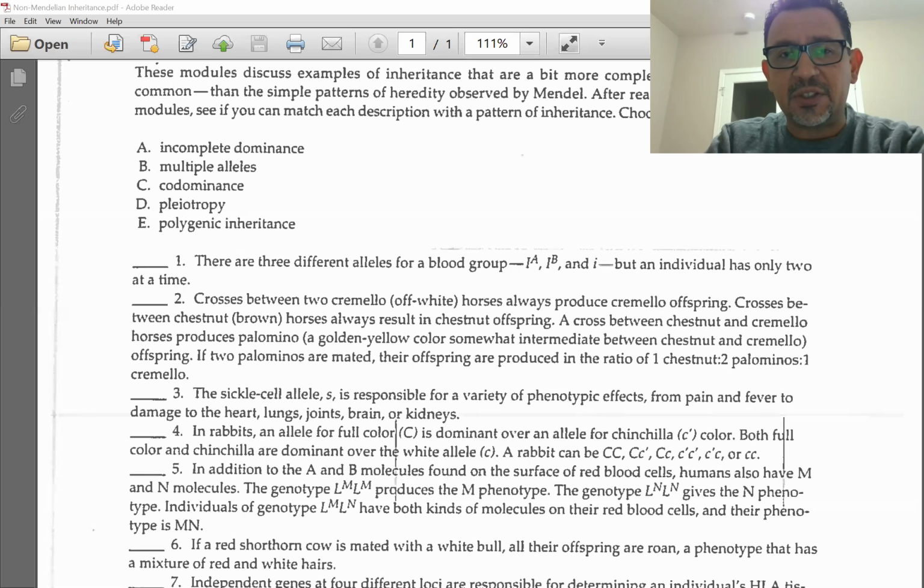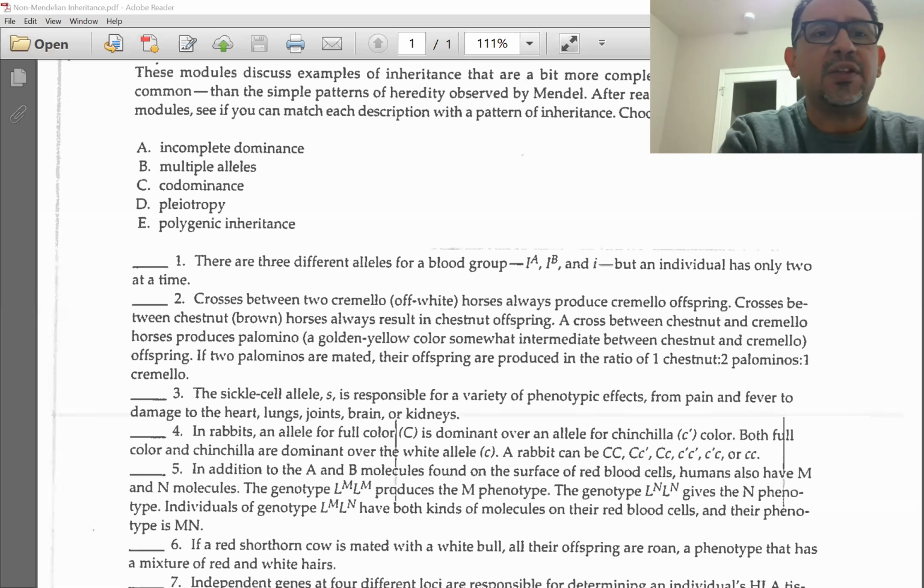But notice that there's no reference being made here to dominance or recessiveness. It is simply stated that A, B, O blood groups are the result of 3 different alleles. So the best answer you can provide here is letter B, multiple alleles.